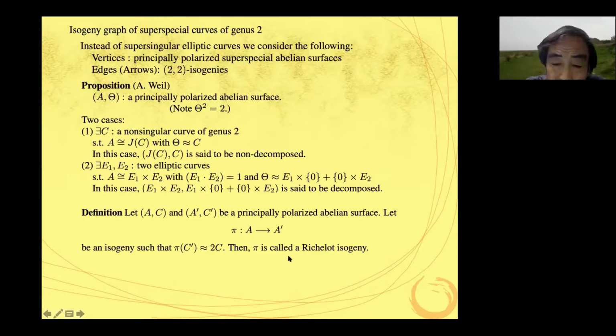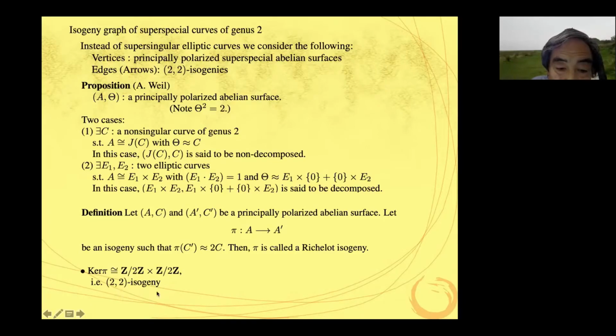And really, this notion appeared in the 19th century. Richelot found this notion using elliptic integrals. Anyway, we use such a notion. And in this situation, the kernel of this isogeny is isomorphic to Z/2 cross Z/2.